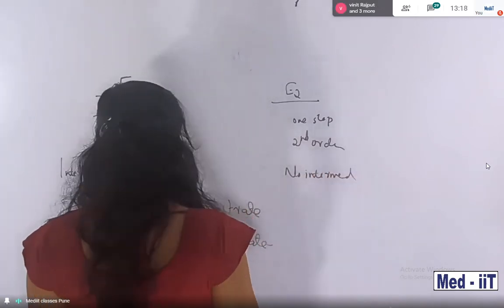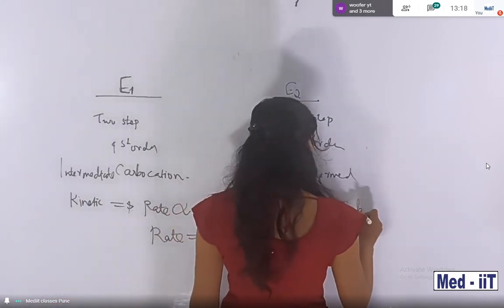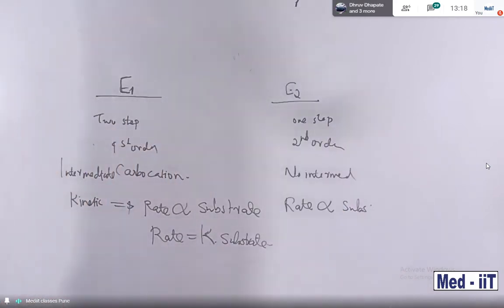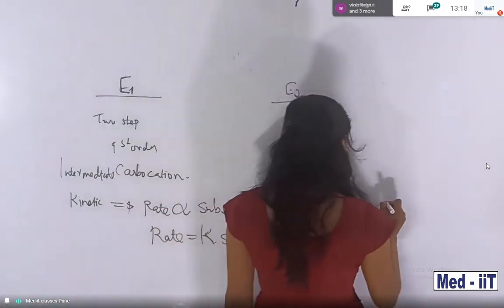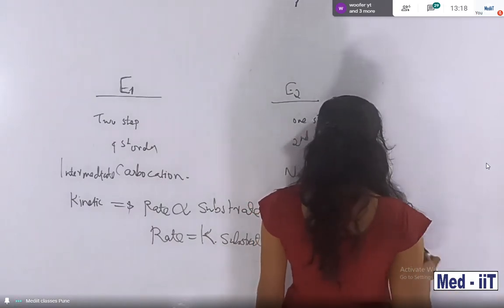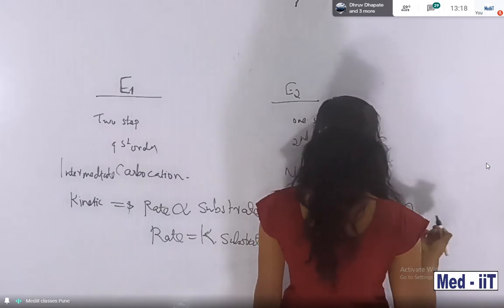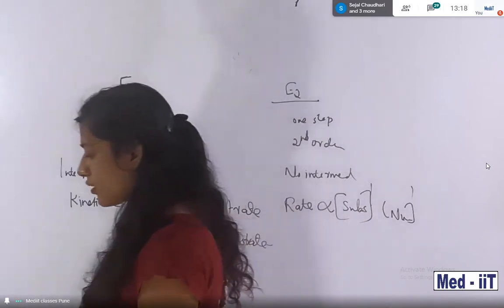In the case of kinetics, the rate is directly proportional to the substrate, as well as to the nucleophile, which is the incoming group. Its concentration is also there, that's why it is second order, one power each, like this.